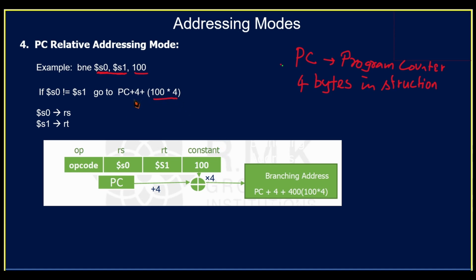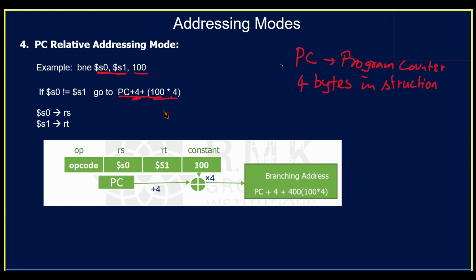In addition to that, you are adding one more 4 because you should go to the next instruction. So when you are executing this instruction, if the contents of these two registers are not equal, then it will go to the address PC plus 4 plus 100 into 4. It will go to this address and start to execute.